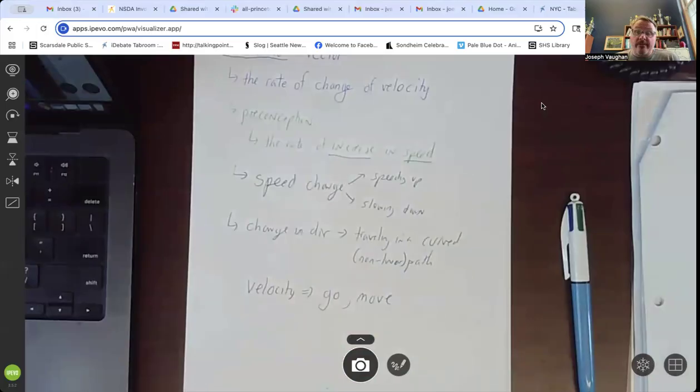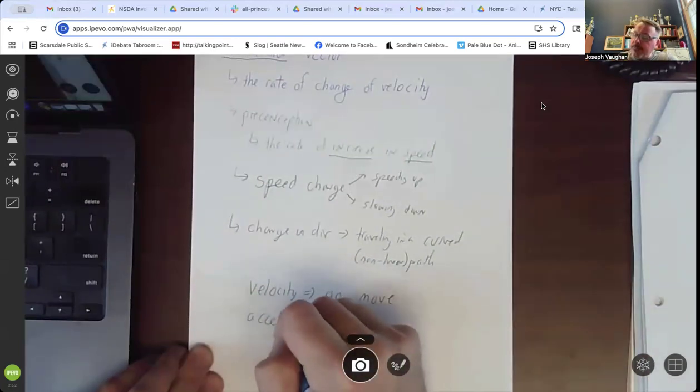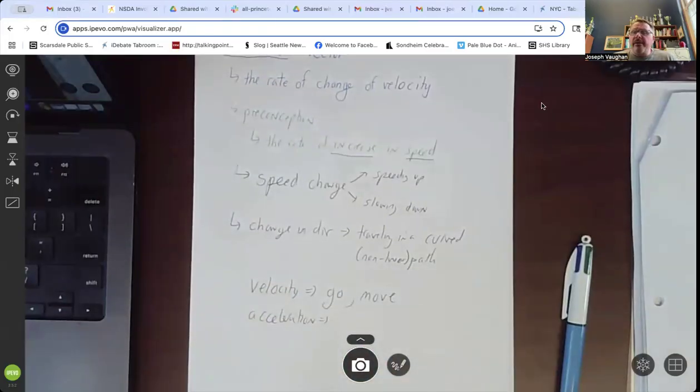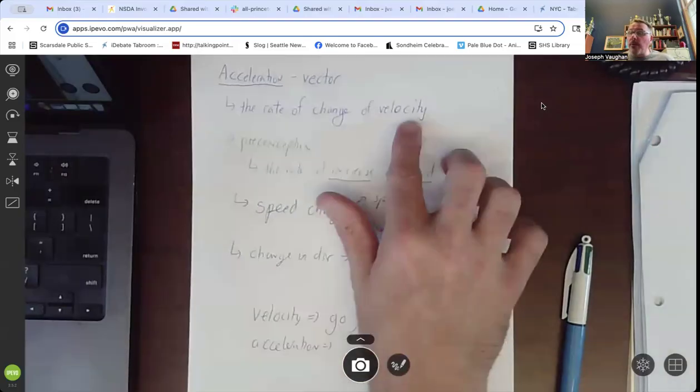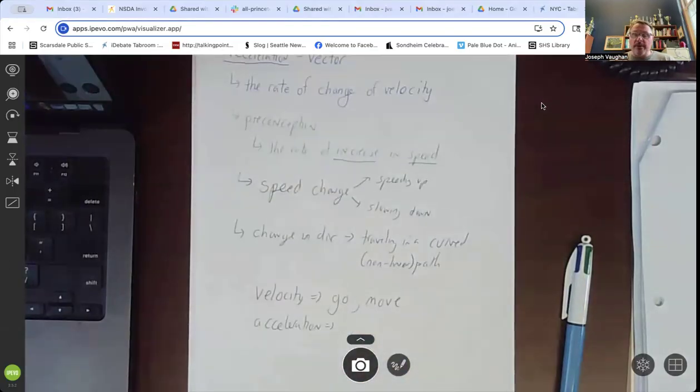An object is going at a velocity of 4 meters per second east or whatnot. It's important we use those words. As opposed to acceleration, I don't want to use the word go with acceleration, because acceleration isn't about the way things are moving. It's about how the way we're moving is changing. So we want to have a different verb that goes with that.